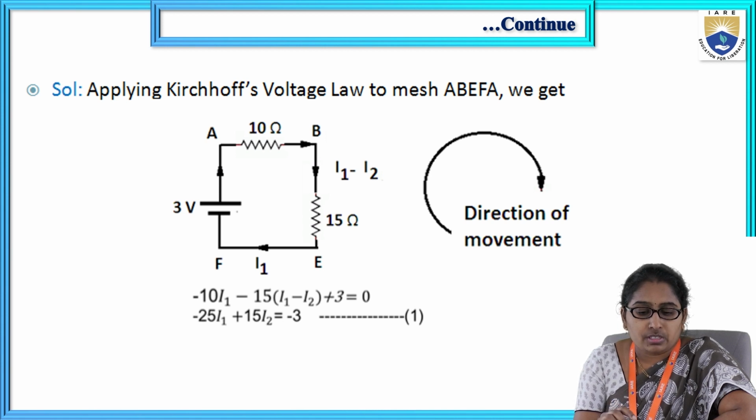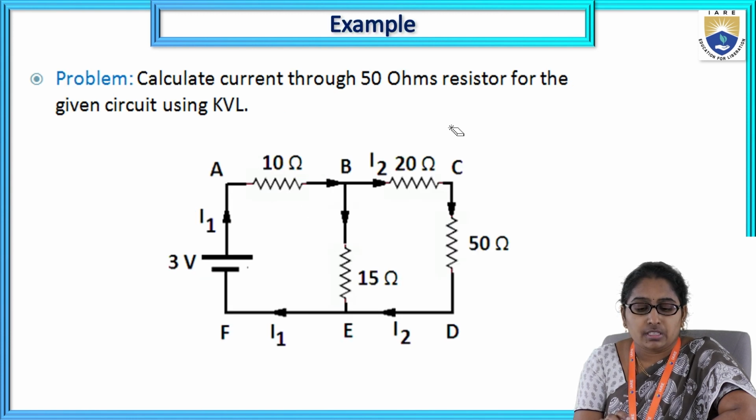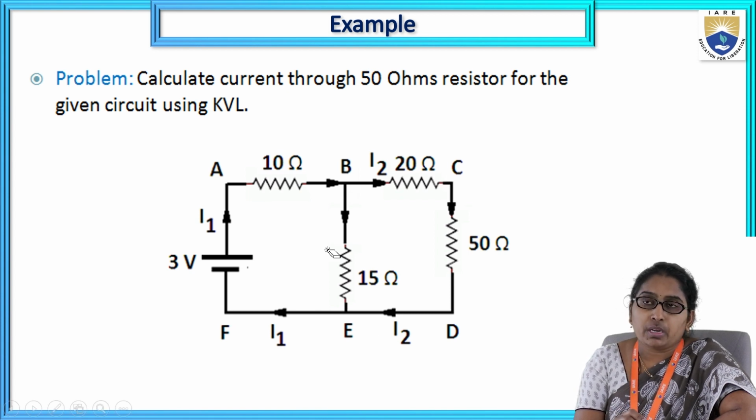So first, for the first closed path, they mention to apply Kirchhoff's voltage law to mesh ABEFA. There are letters A, B, C, D, E, F. So how many meshes do we have? Two meshes, right?